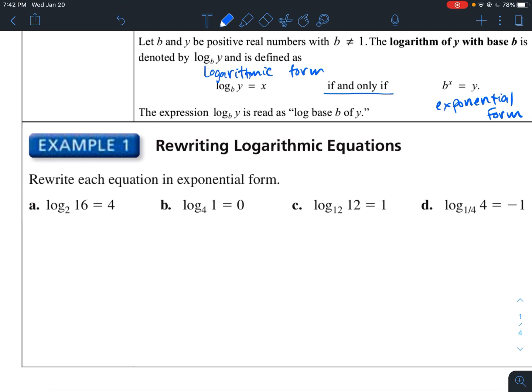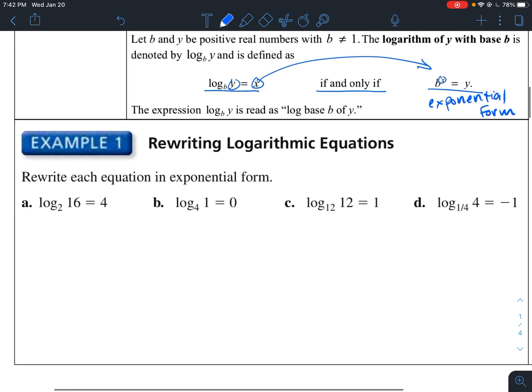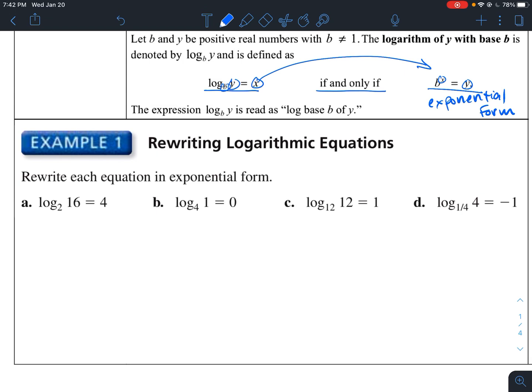Okay, so here we're in logarithmic form, and we want to convert it to exponential form. These are equations. So again, I would just recommend looking back to here. If I'm going to convert this into this, I need to make sure that I'm matching up x to the x, y to the y, and b to the b.